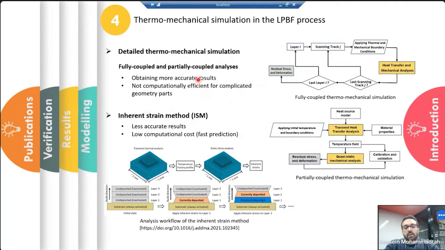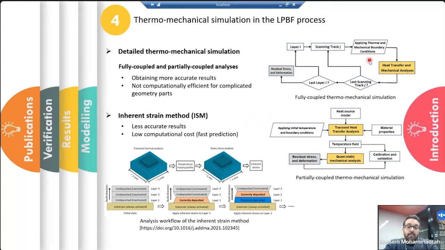The first one is divided into fully coupled and partially coupled analysis, and according to this method, we can obtain more accurate results, but in terms of the simulation time, it's not computationally efficient, specifically for complicated geometry parts.